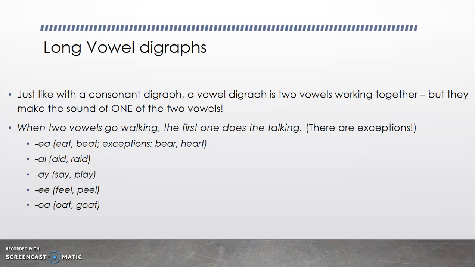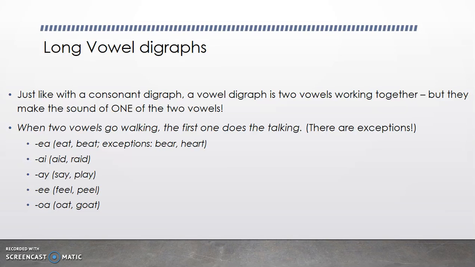So vowel digraphs, and this is really looking at long vowel sounds or phonemes. Just like with a consonant digraph, a vowel digraph is two vowels working together. But instead of making a whole new sound, they just make the sound of one of the two vowels used. And the generalization that is usually seen here is when two vowels go walking, the first one does the talking.